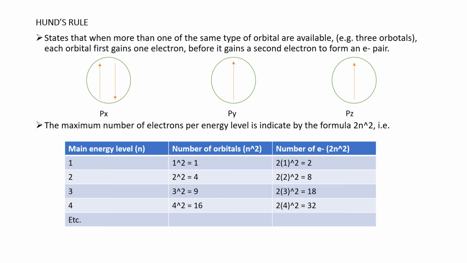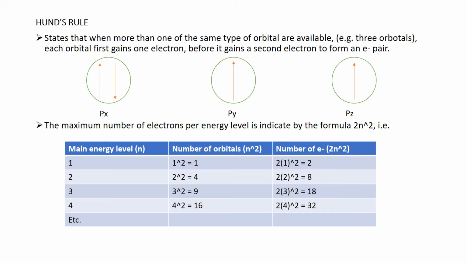Hund's rule states that when more than one of the same type of orbital are available, for example 3 p orbitals, each orbital first gains 1 electron before it gains a second electron to form an electron pair.